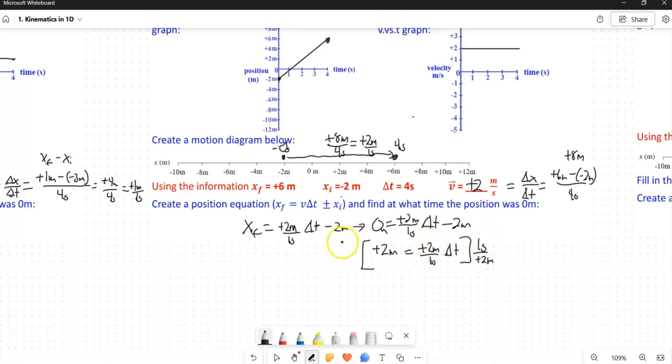That'll cancel out this side, and then it'll go on to the other side. So we got positive 2 meters times 1 second over positive 2 meters, and that's going to be equal to delta t. And so 2 meters is going to cancel out, and so that's just 1 second. Okay.